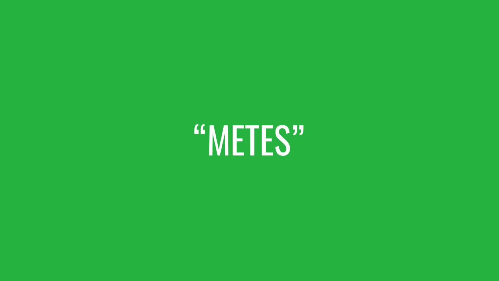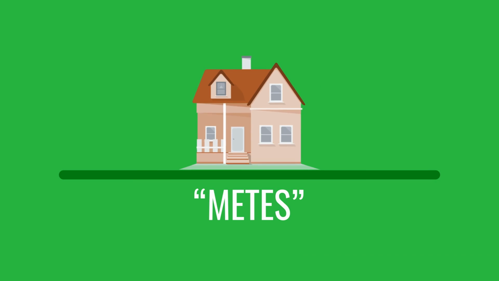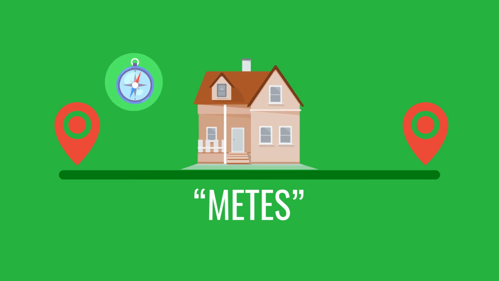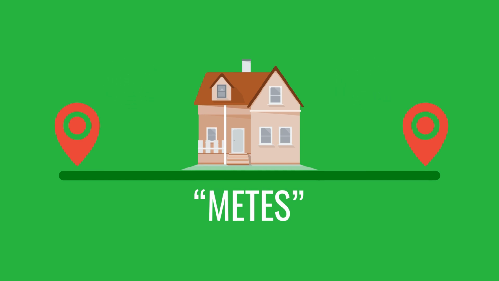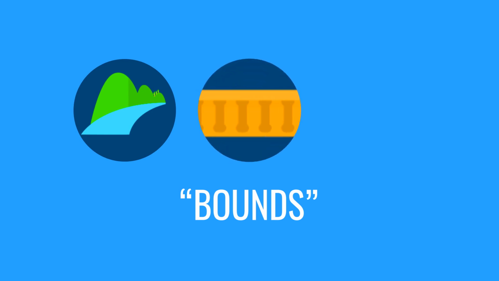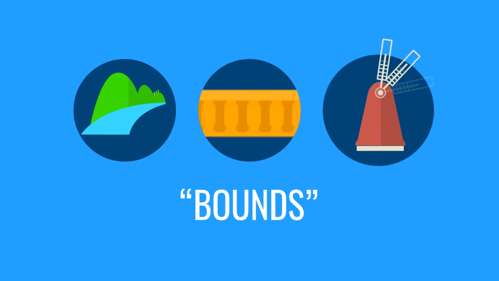Metes refers to the boundary defined by the measurement of each straight run between the beginning and end points, plus an orientation or direction. The direction can be a simple compass bearing, or it can be precise as determined by accurate survey methods. Bounds refer to a more general boundary description, such as along a certain watercourse, a stone wall, an adjoining public roadway, or an existing building.